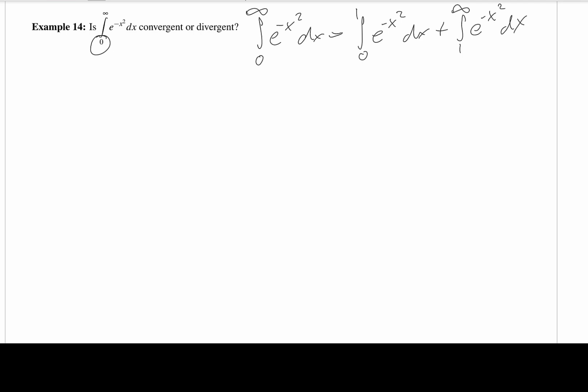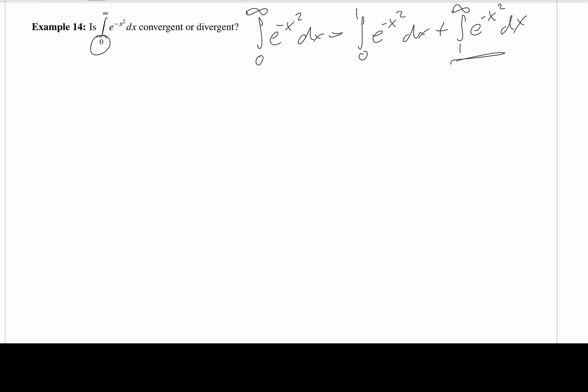I know that this part converges. I know that for a fact because 0 to 1 is a bounded interval, and e to the negative x squared doesn't have any vertical asymptotes in there. So this has to be some finite amount of area.